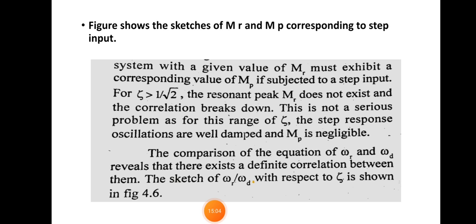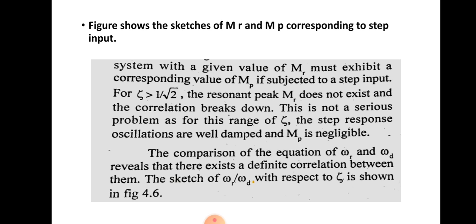We can make a conclusion using this. The figure shows the sketches of M_R and M_P corresponding to a step input in the case of a second order system. A system with a given value of M_R, the resonant peak in the frequency domain specification, must exhibit a corresponding value of M_P when subjected to a step input.